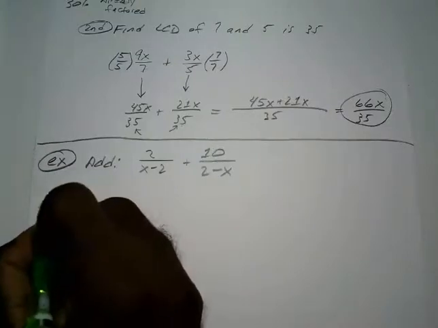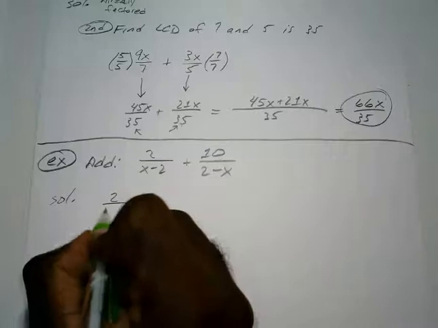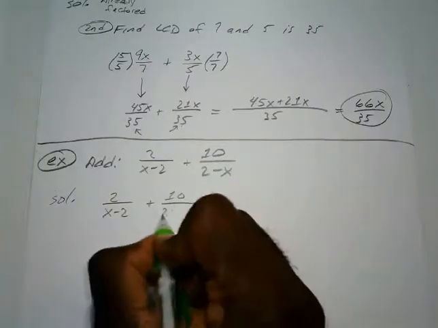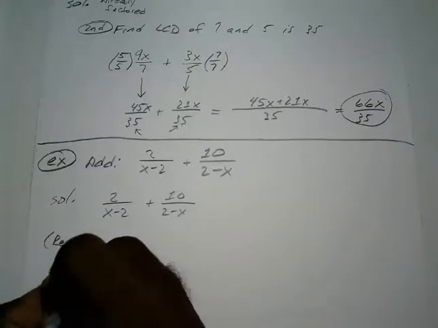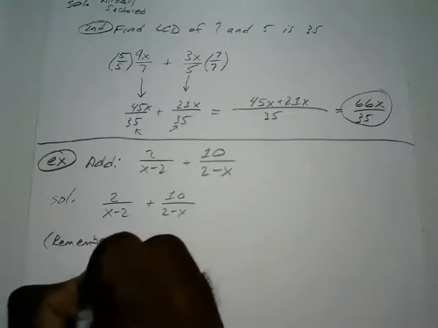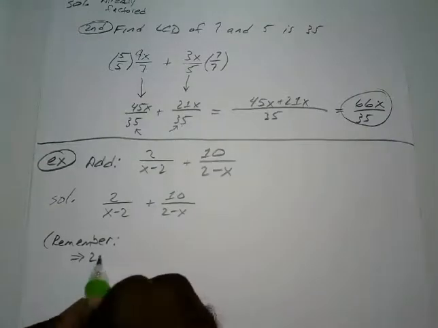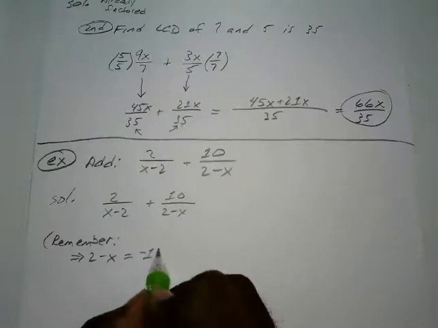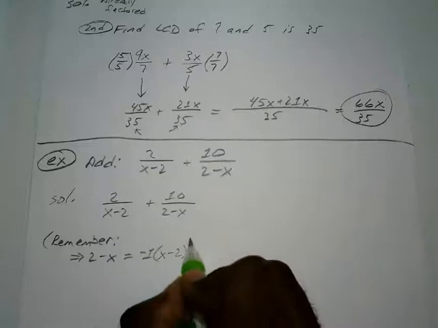The reason it would look familiar is because if you have 2 over x minus 2 plus 10 over 2 minus x, you would remember that 2 minus x, if you factor out a negative 1, you could switch those two around to x minus 2.